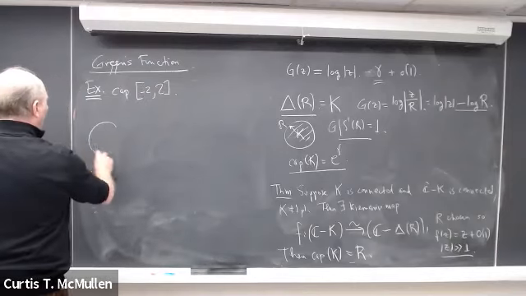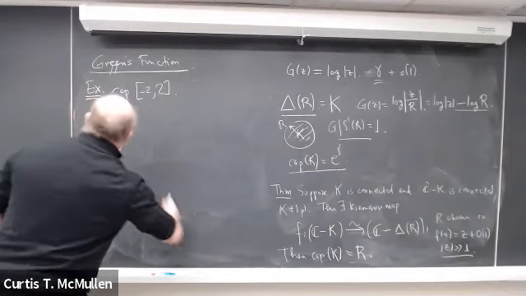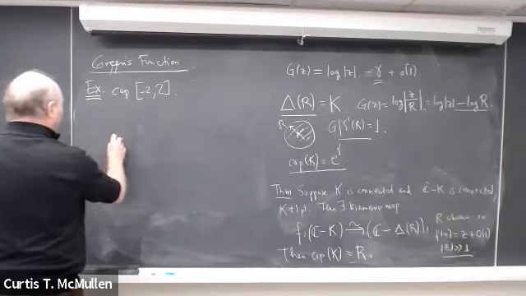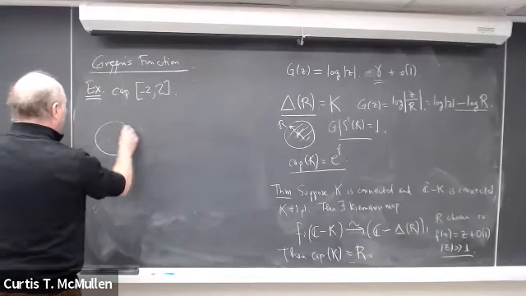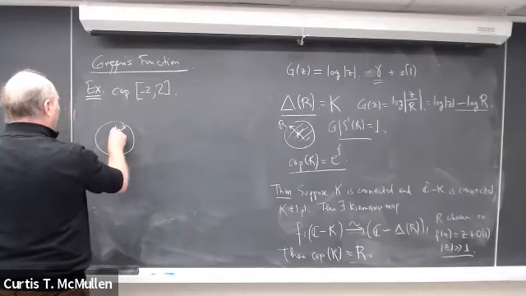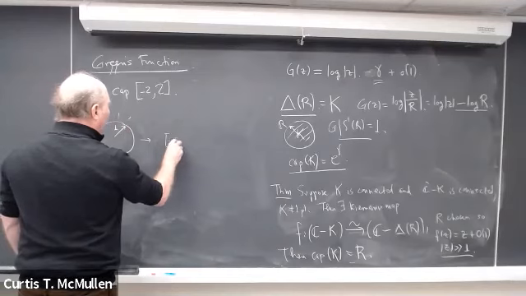Well, we know a map from the complement of the unit disk, the outside here, to the outside of the interval from -2 to 2.